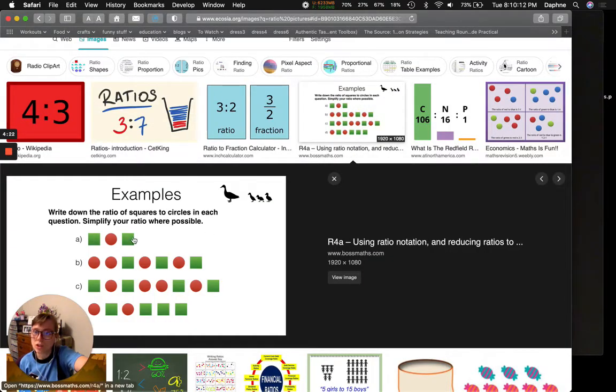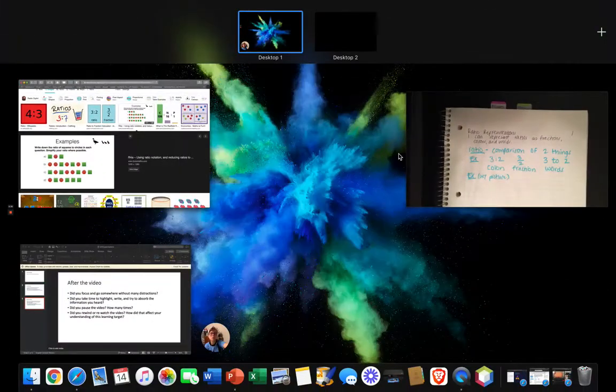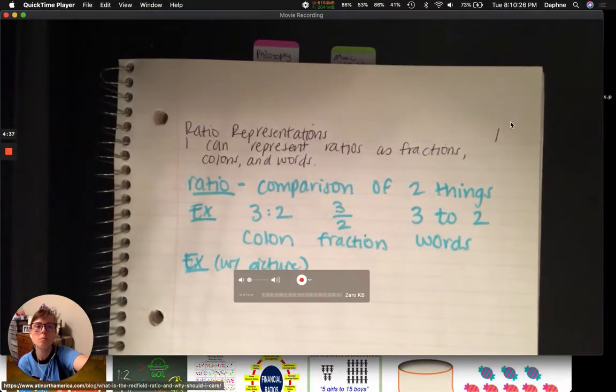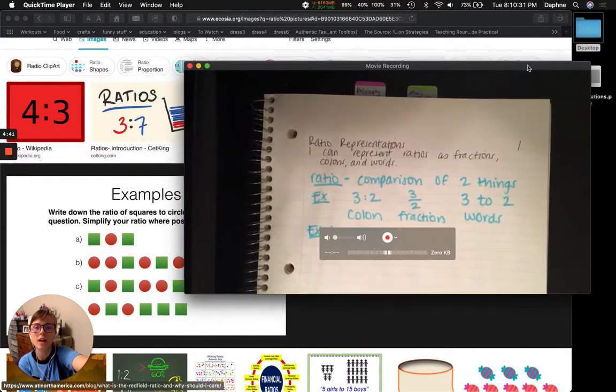So this first one, I want the ratio of green squares to red circles. I want to bring this up, and I want to make you smaller and off to the side. There we go.